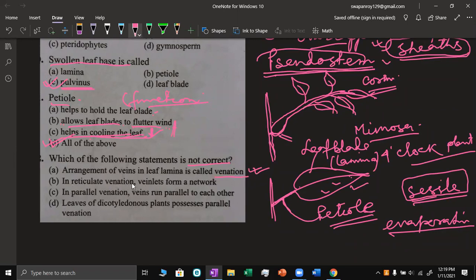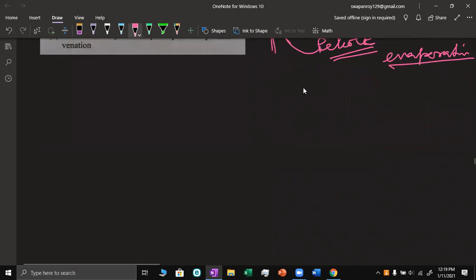In reticulate venation, veinlets form a network. Venations are of two types.